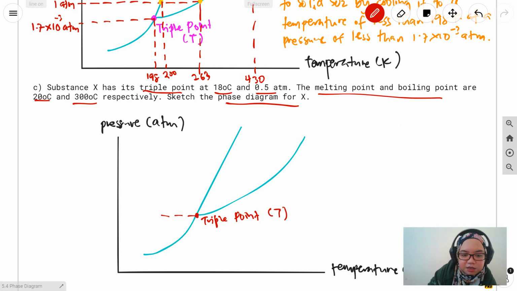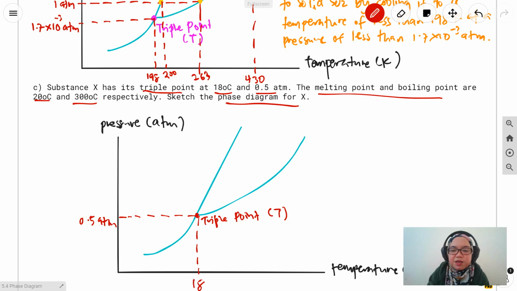So, kat sini. Excuse my, what we call it, buruk punya tulisan. So, kat sini kita label 0.5 atm. Temperature dia 18 degree Celsius.